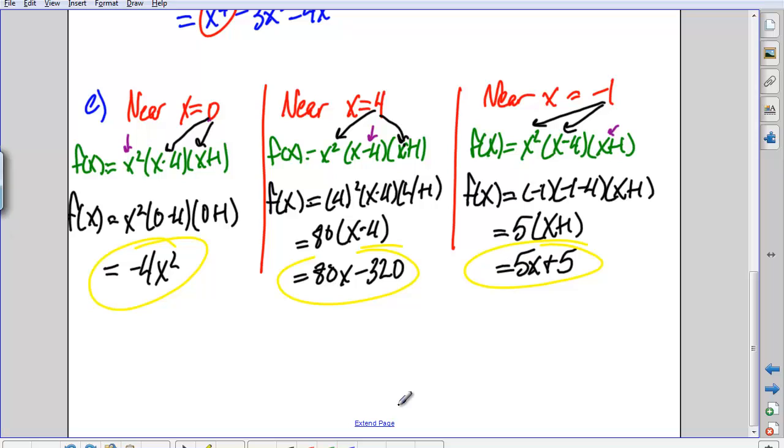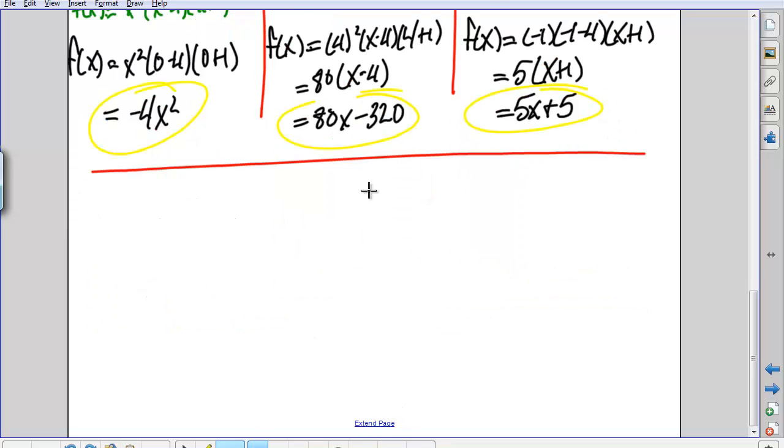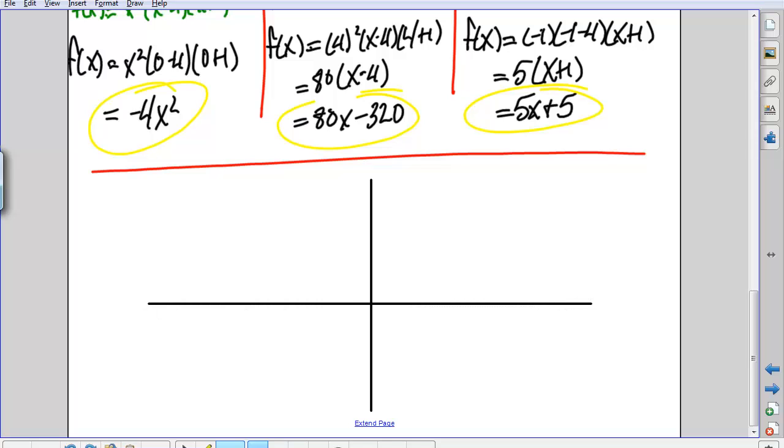And the last part is to put it all together and get a picture of this thing. So I've got x-intercepts at 0, at positive 4, and at negative 1.